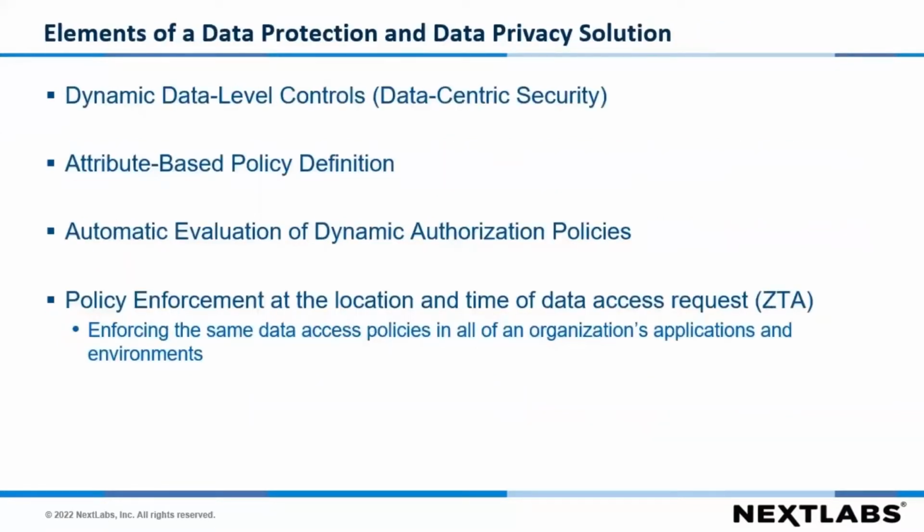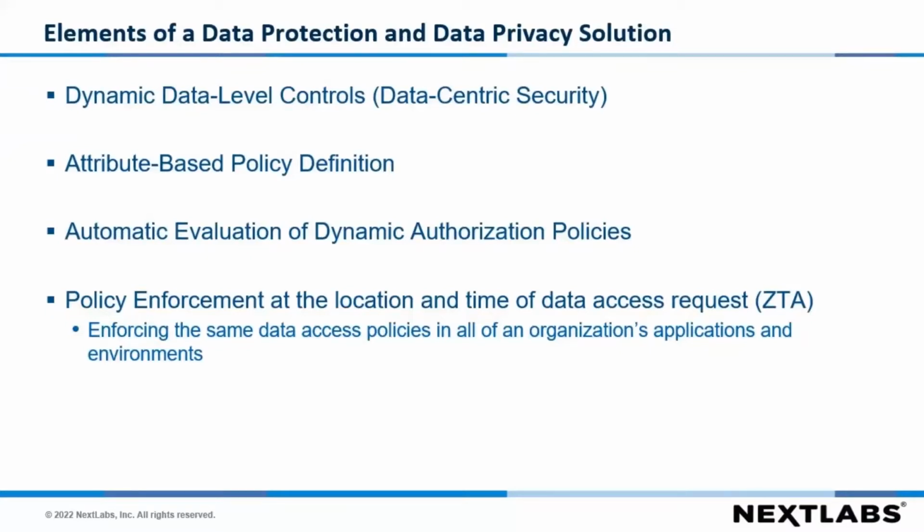So some of the elements to any solution, and I will go into greater detail in subsequent slides. First is that you have dynamic data level controls. So those are data-centric security focused on protecting the data, not the networks or the systems where that data resides. Basing all data access policies on attributes instead of roles.